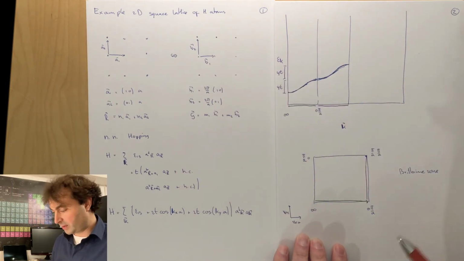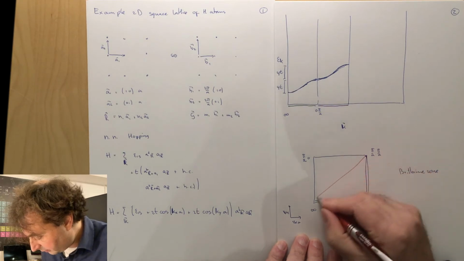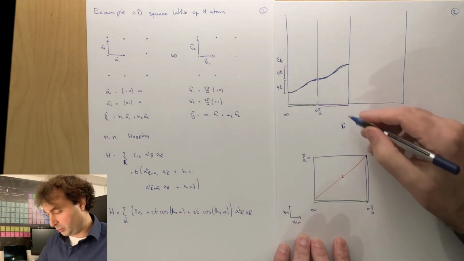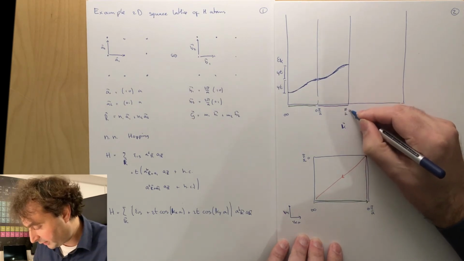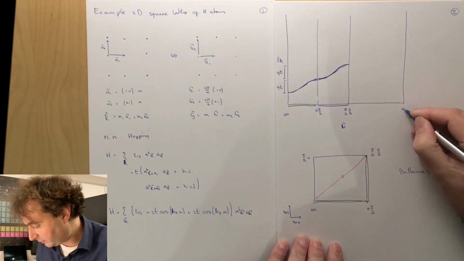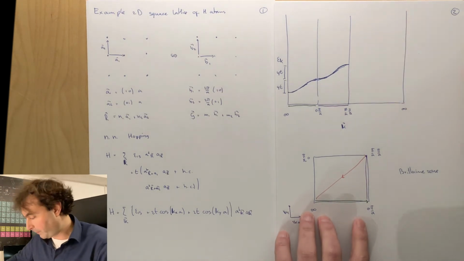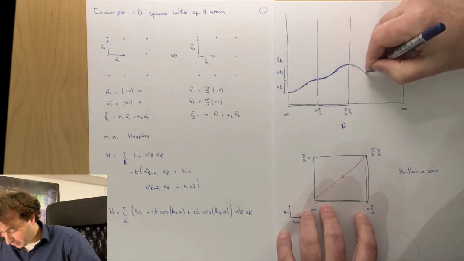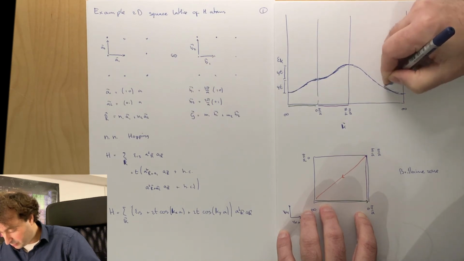Well, in the last section, let's just move along the diagonal. And now we're going to move from (π/a, π/a) back to (0, 0). And that is then again going to be a cosine-like dispersion.